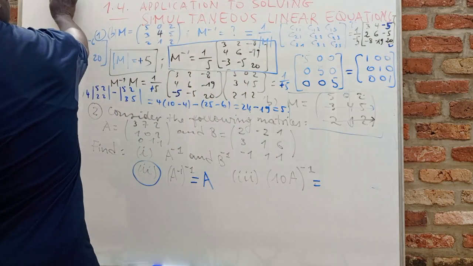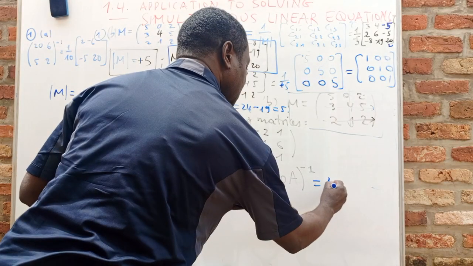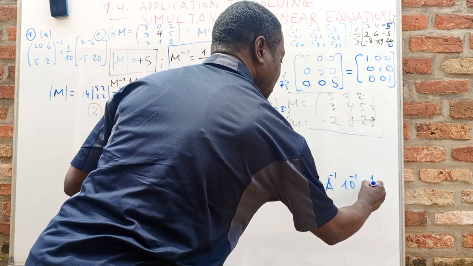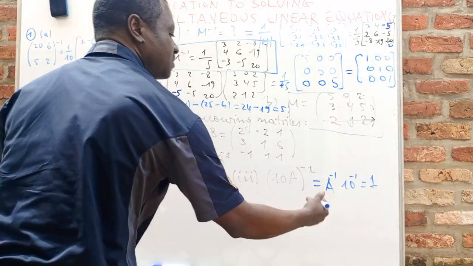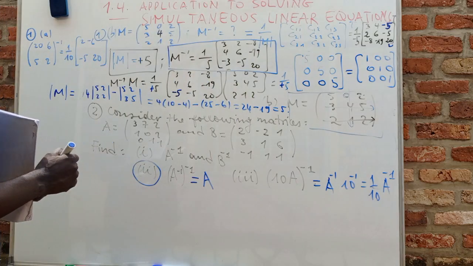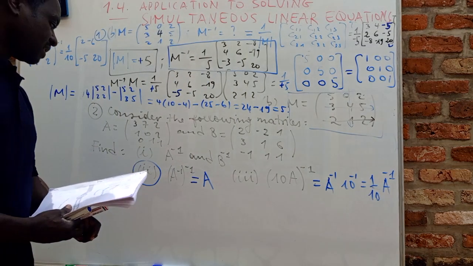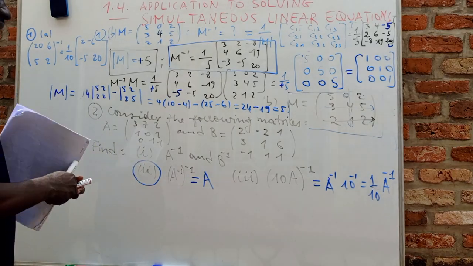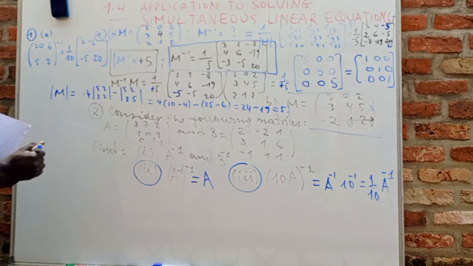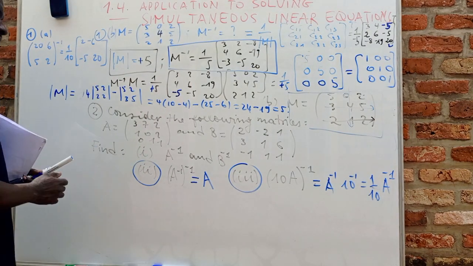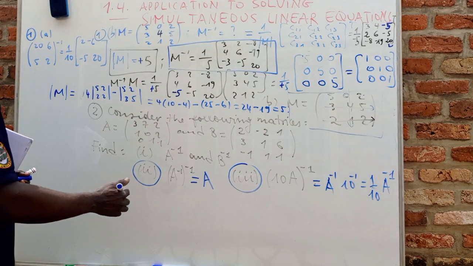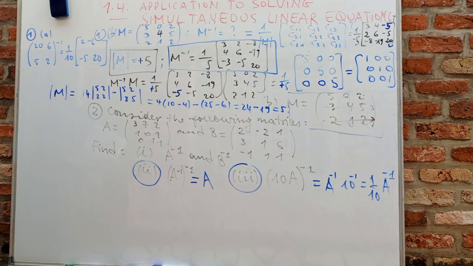The formula is to take the inverse in reverse order, which means A negative 1 times 10 power negative 1. So this is 1 over 10. This is a scalar, it may commute with any matrix. 1 over 10 times inverse of A. And here, the inverse of A is going to be calculated in the first part. So we have already answered 2 and 3. Now the first one, we need to calculate the inverse of this 3 by 3 matrix, and B also is a 3 by 3 matrix.